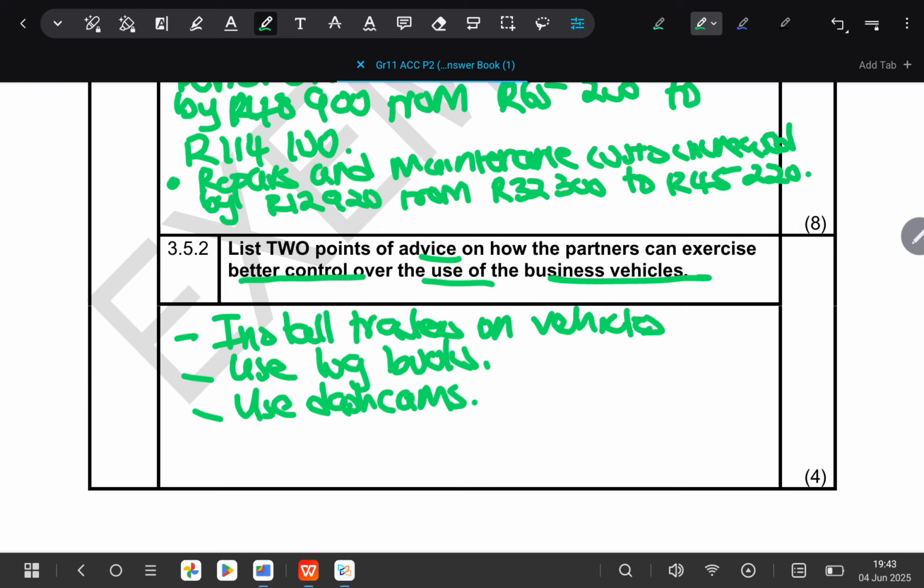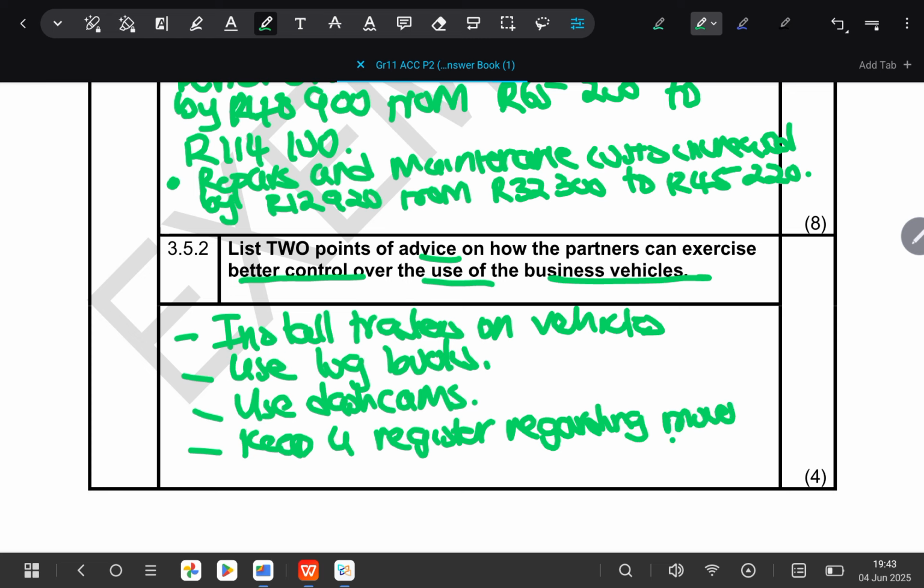And then also the other thing, you can say that they could keep a register regarding the movement of vehicles, right?